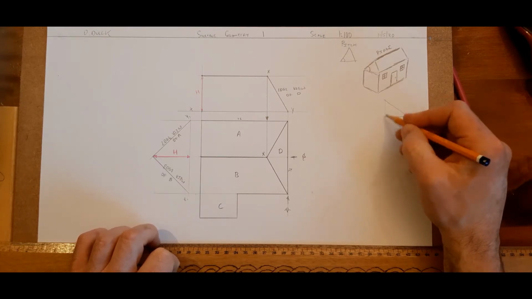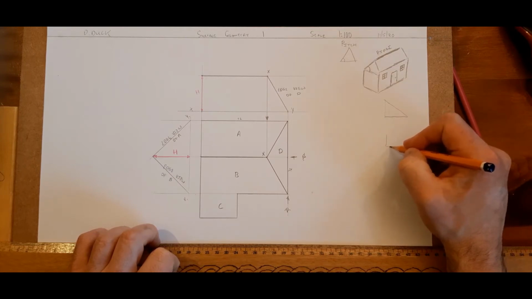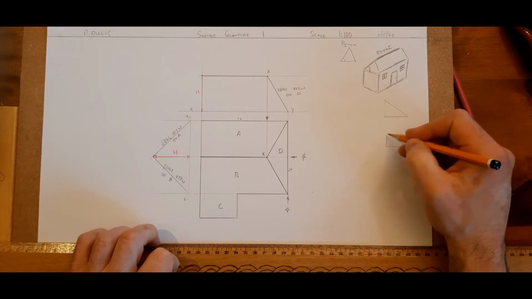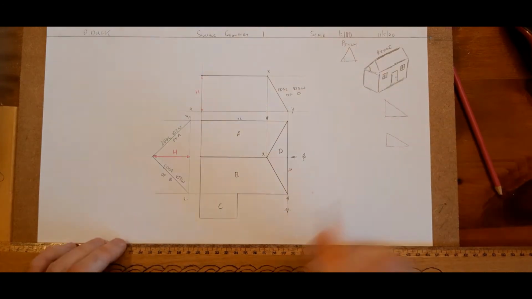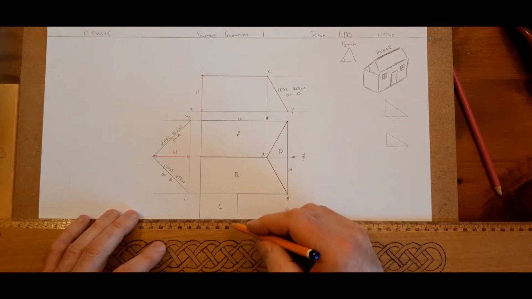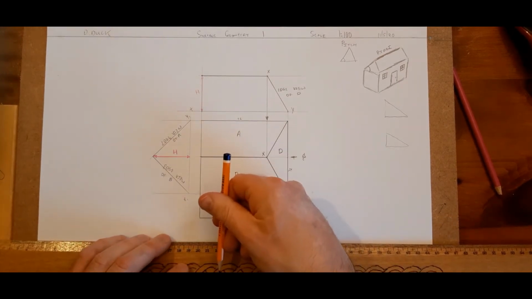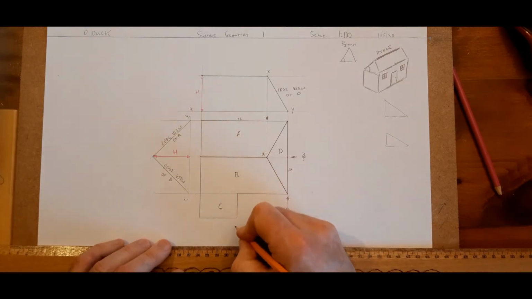Sometimes you could know the height and the base, and you'll be able to figure out the slope and the surface length of it. So there are different ways, if you have different pieces of information with a triangle, you can figure it out. We could look in that way and figure out the height of C. I don't need to do that, of course, because similar to D, we're going to look straight in here.